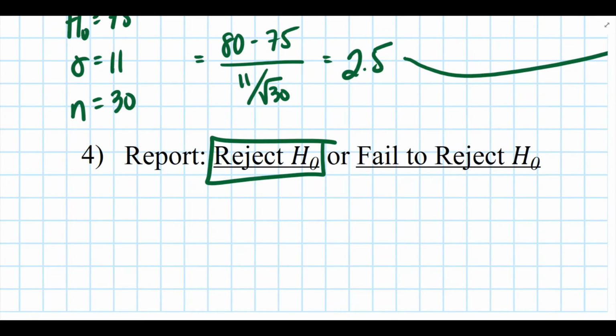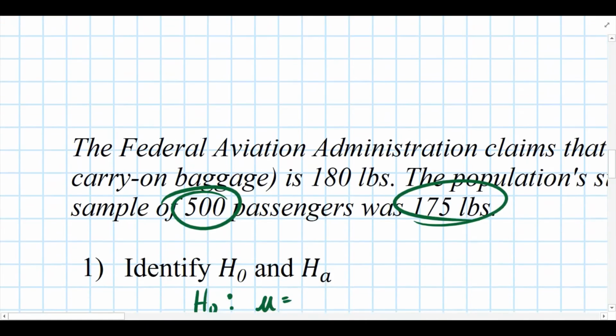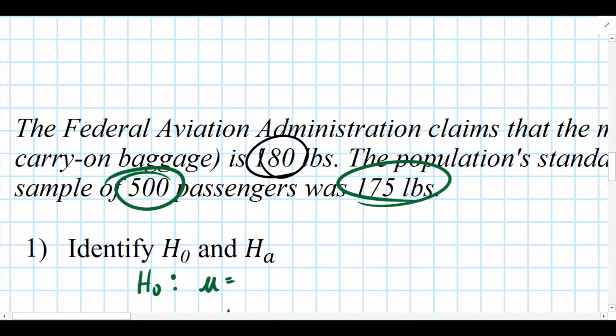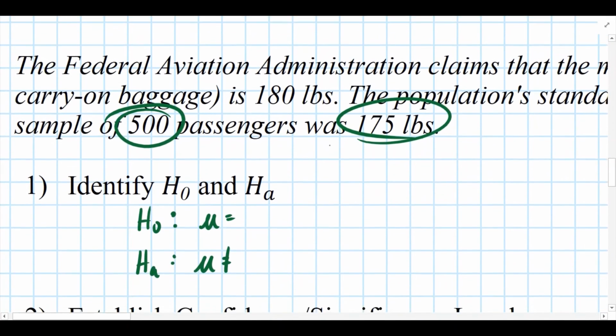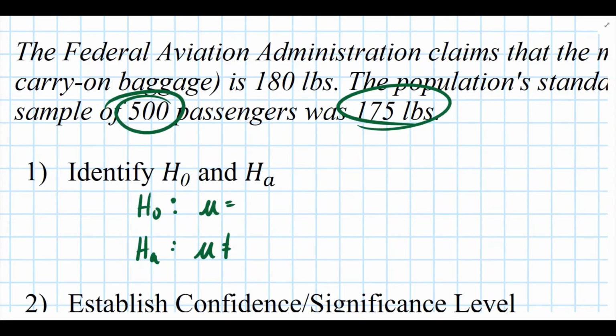In the second example, the FAA claims that the mean weight of an airline passenger with carry-on baggage is 180 pounds. With additional information, such as the population's standard deviation is 50 pounds, and the mean weight of a sample size 500 is 175 pounds, we can complete a two-tail hypothesis test.